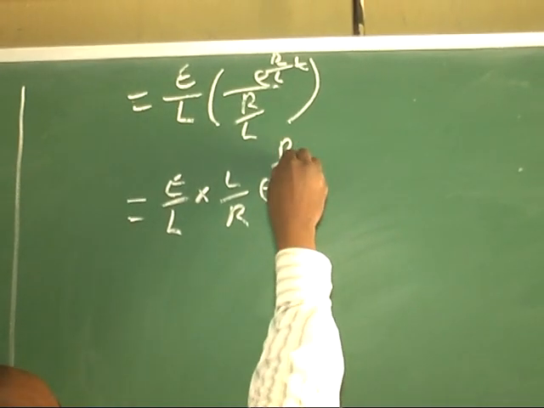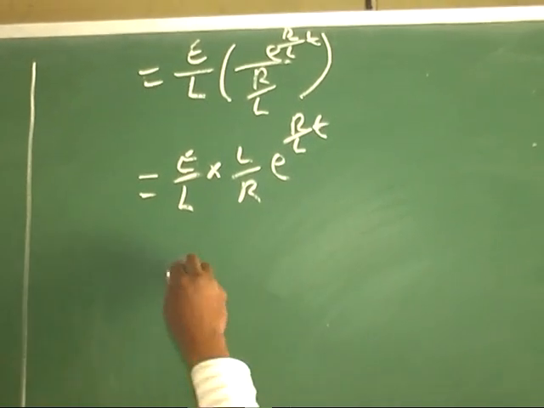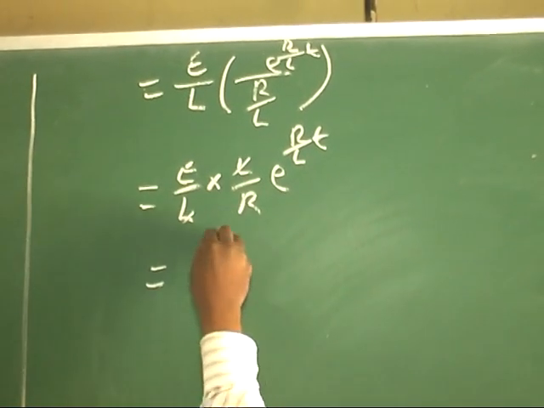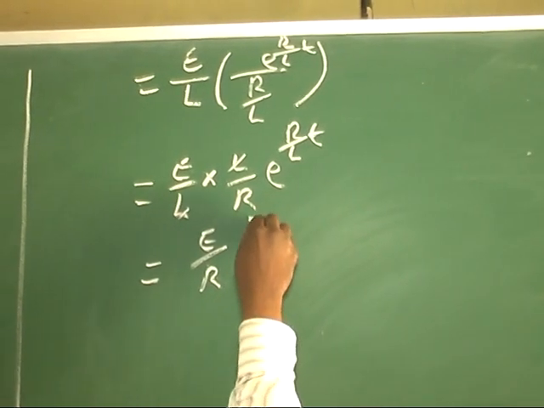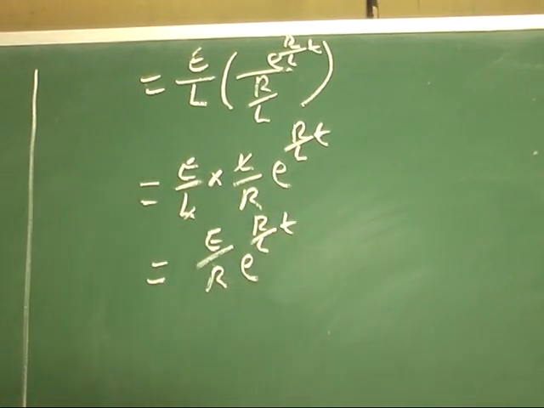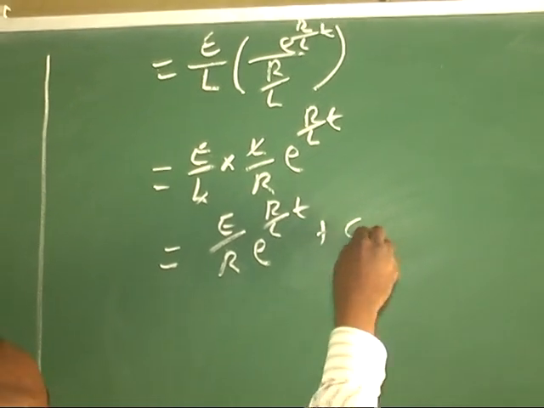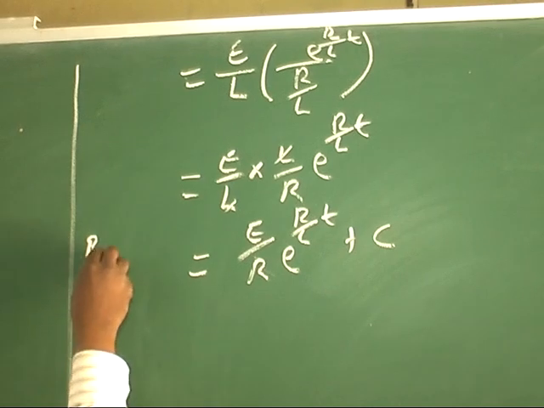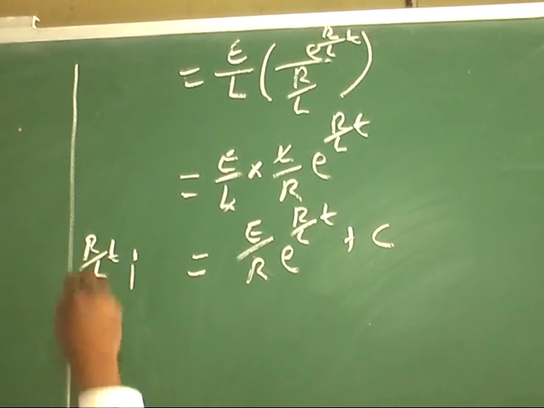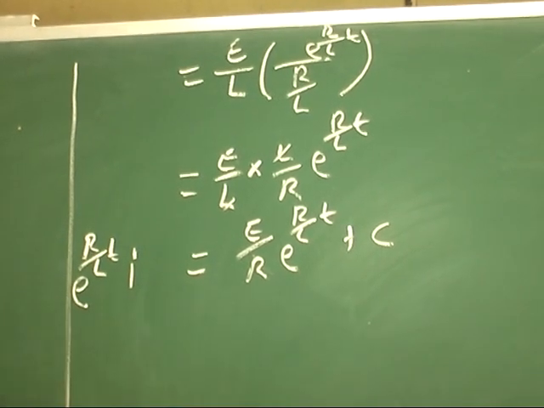We have E over R exponential R over L t plus C. So what it means is that exponential R over L t times I is equal to this.